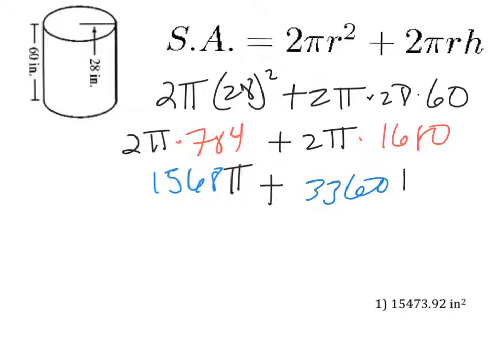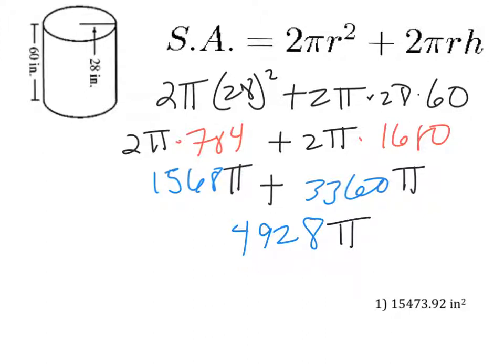And again, bringing along that pi. Now that we have pi here, we don't stop. Technically, since they both have pi, I now am allowed to add them. So I'm going to add 1568 and 3360. So that's going to give me 4928. And then again, pi is just coming along for the ride.